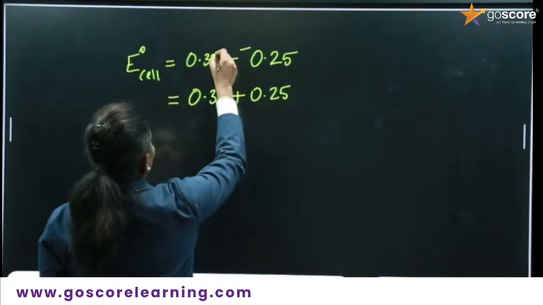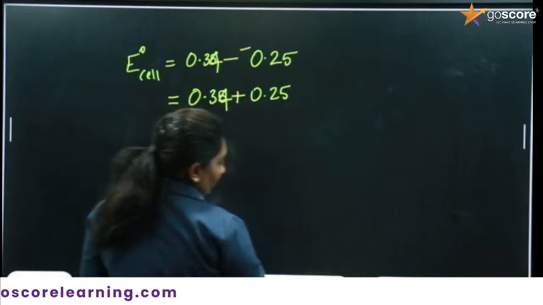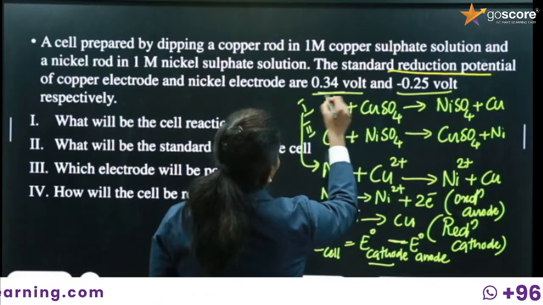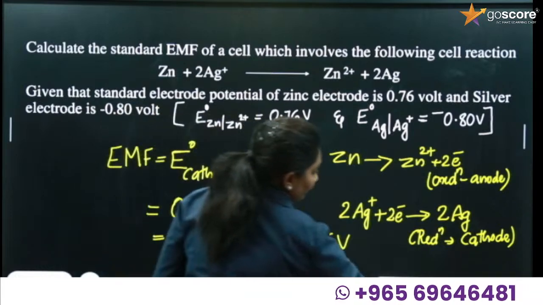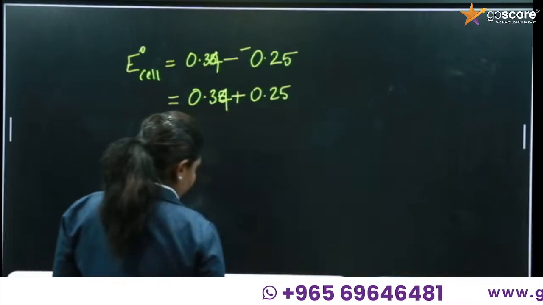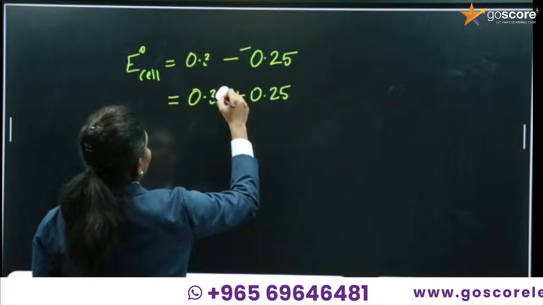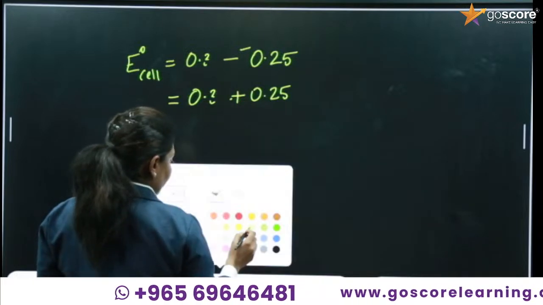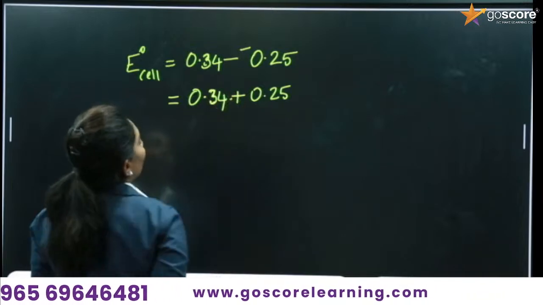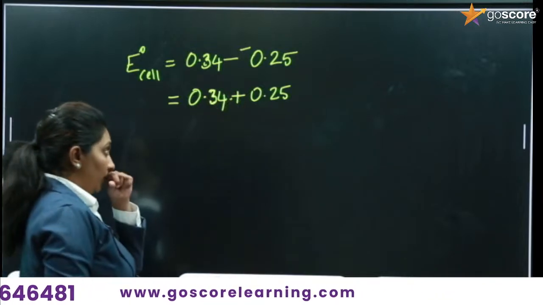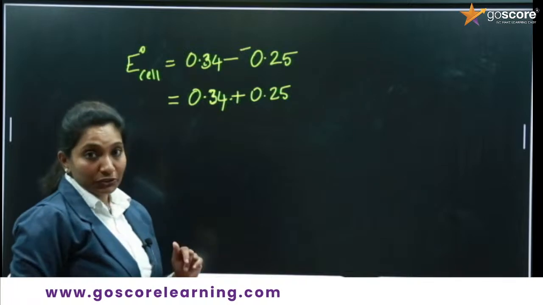0.34 plus value given is 0.34, right? So it will be 0.34 plus, sorry, 0.25.